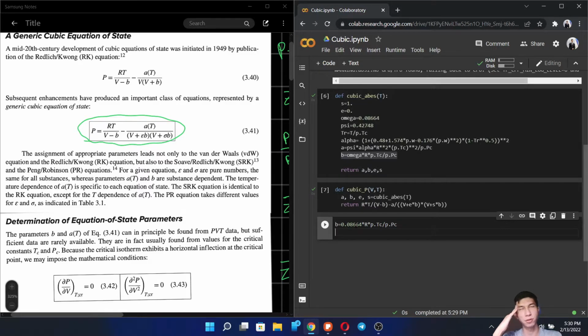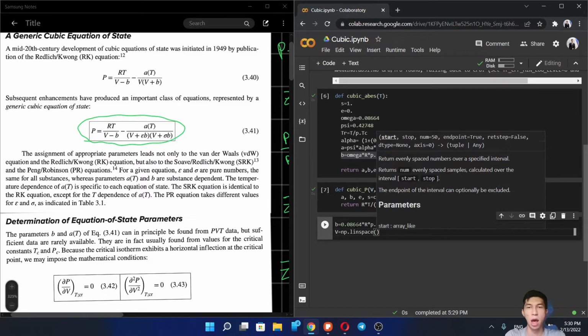Right, so then we're going to have to give some values for our volume. So we can use numpy linspace for that. However, if we plot our graph using linspace, it's going to give us a result that is not real, that doesn't look like our plot.